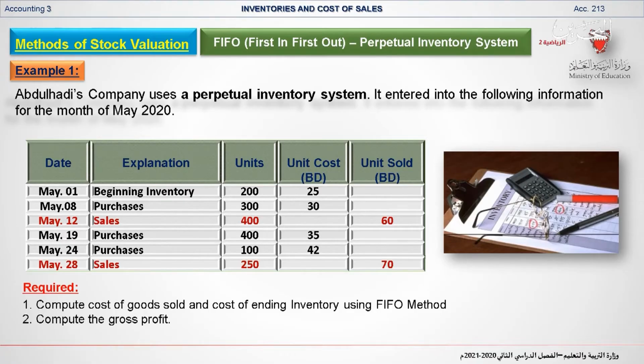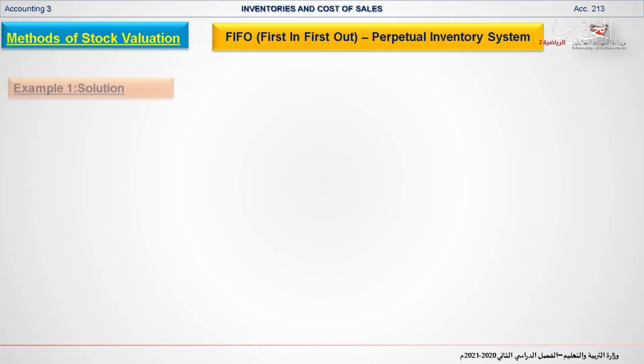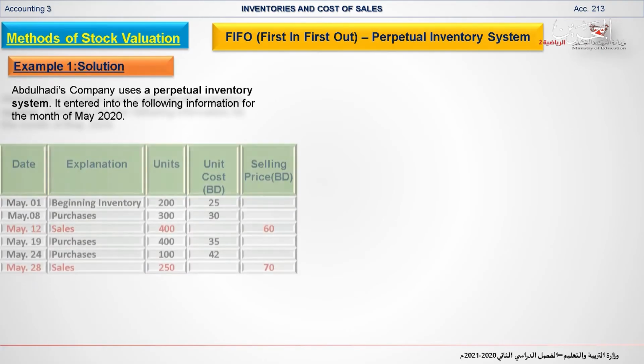In this example, you are required to compute cost of goods sold and cost of ending inventory using the FIFO method, and then compute the gross profit. We will calculate the cost of inventory and cost of goods sold step by step.